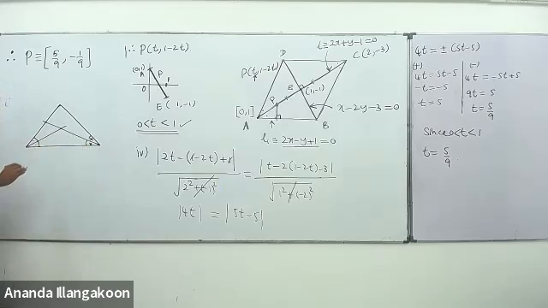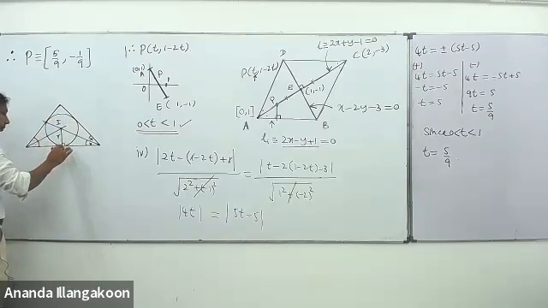Taking this point as center, the perpendicular distance from this point to any side as radius, if we draw a circle, that circle touches this triangle internally.